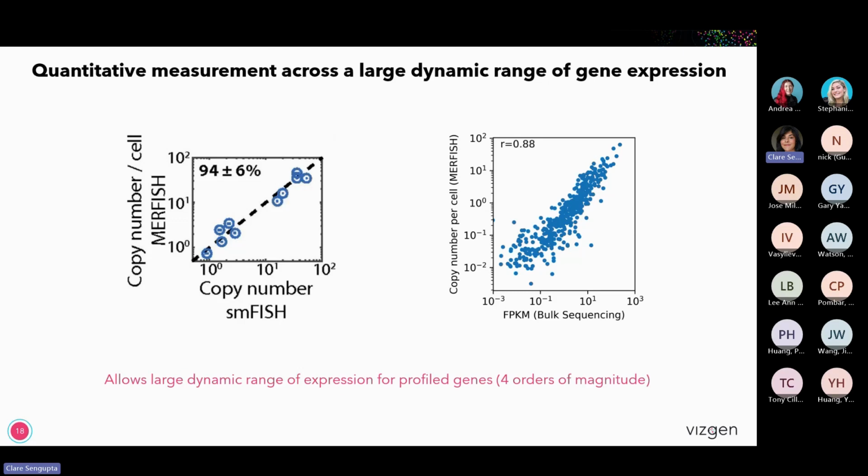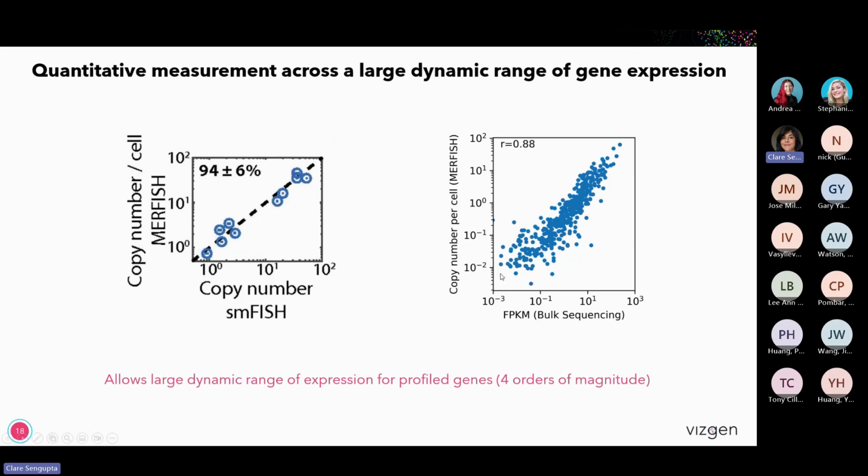And importantly, on the right here, the same comparison was done, but with bulk sequencing. So this is copy number per cell of MERFISH again, and then bulk sequencing. And you can see over this large range of 4 orders of magnitude, there is a high and tight correlation between the copy number per cell of MERFISH and bulk sequencing. But I also want to draw your attention to the lower left-hand side of this graph. This is essentially down to 0.01 copy numbers per cell.